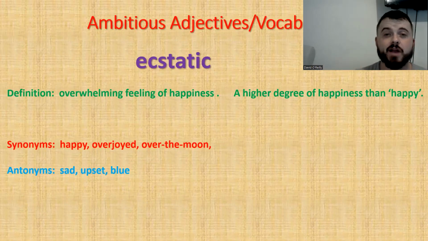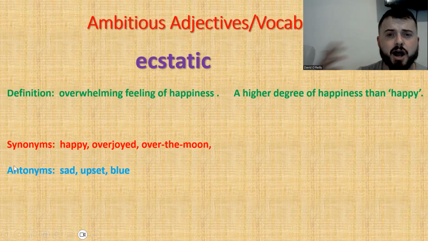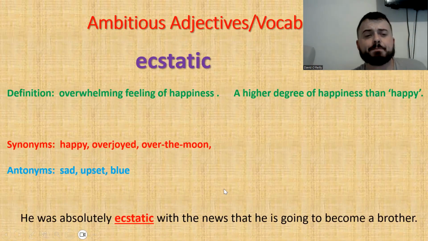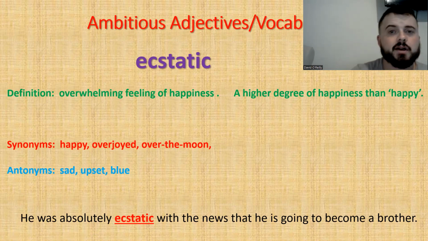Instead of saying very, very, very happy, we want to say I am ecstatic. Okay. Some synonyms include happy, overjoyed, over the moon, and some antonyms include sad, upset, and blue. And here it is in the sentence. He was absolutely ecstatic with the news that he is going to become a brother.